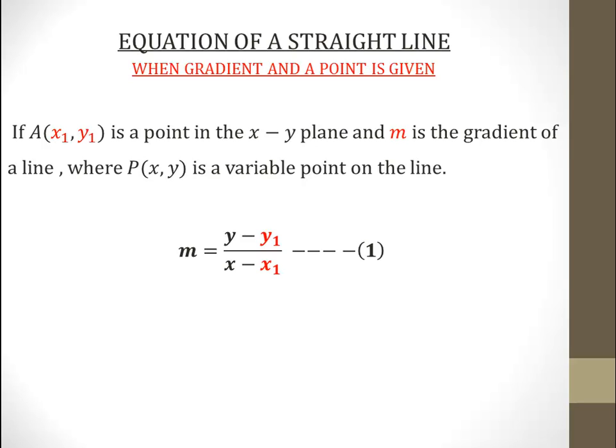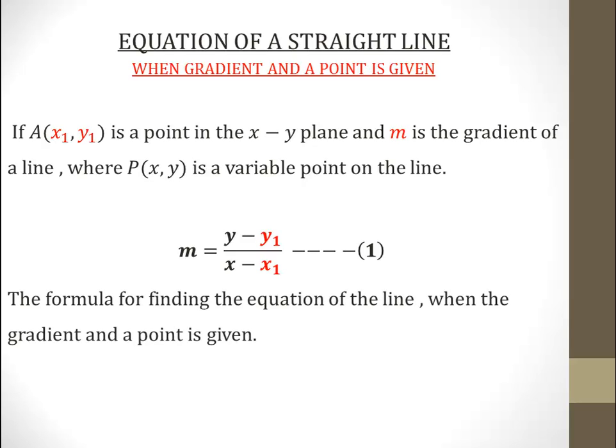And if you have it in this form, you can also express it in a linear form. So if you don't want to use it in this form, you can also express it in a linear form. If you prefer to use the linear one, it means that we are going to multiply through by the denominator.